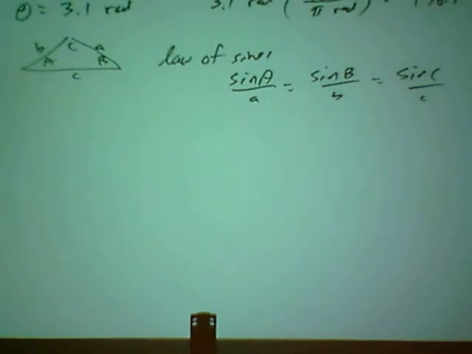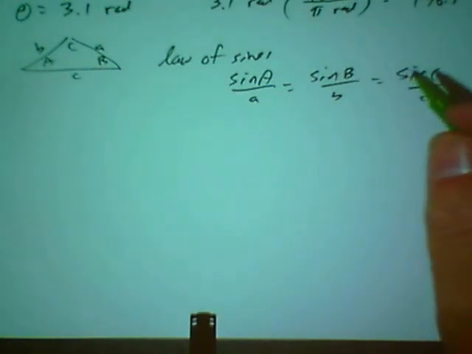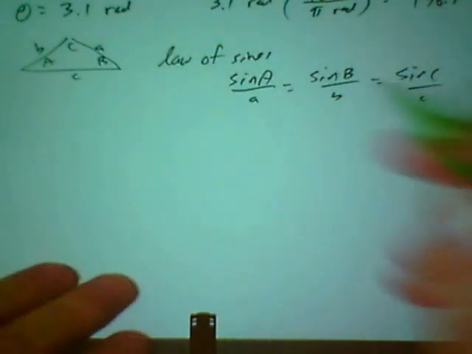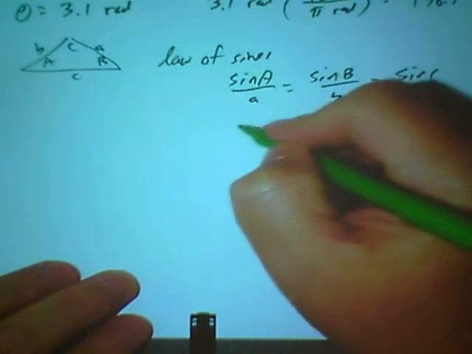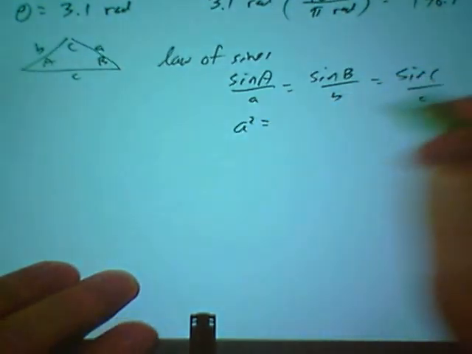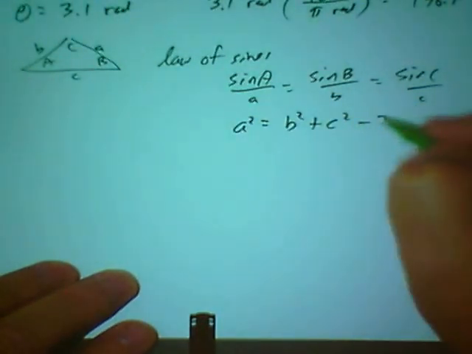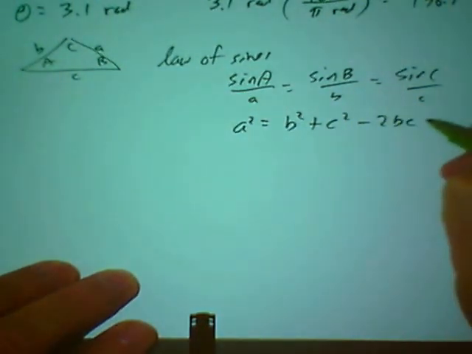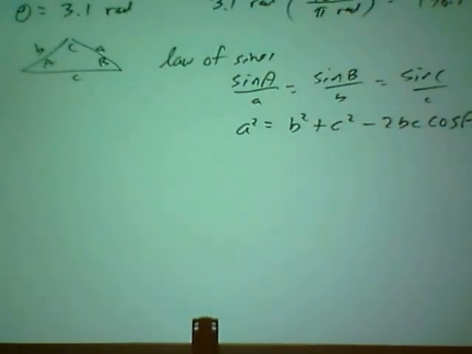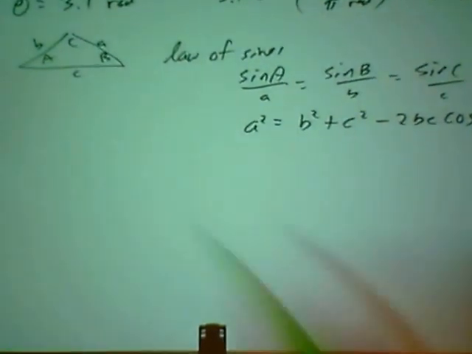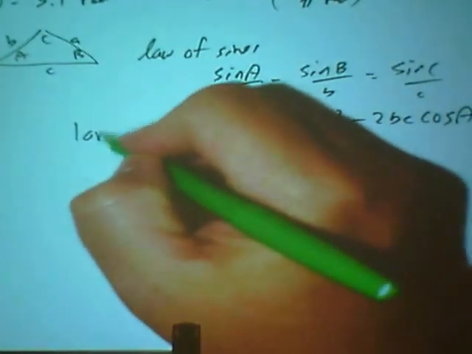So I don't have time to go over it now, but basically, then the law of cosines, which I will give you on the test, one of the laws of cosines, maybe for angle A, I'll give it to you. So a squared equals b squared plus c squared minus 2bc cosine A. So this one is the law of cosines.